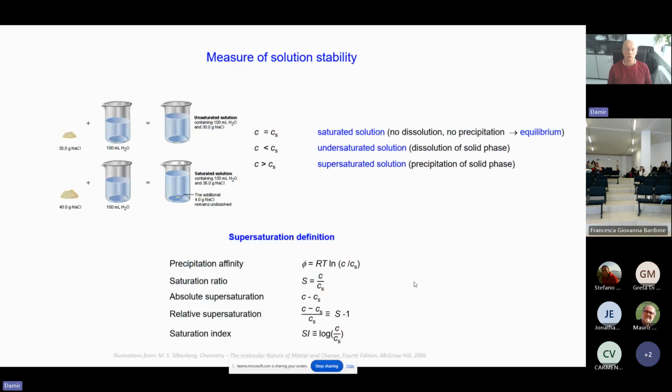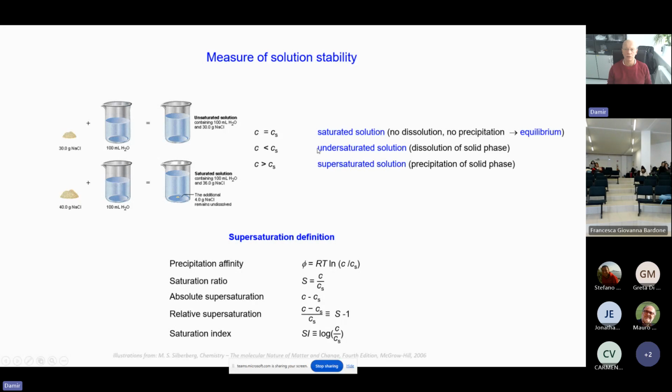Solution stability should be somehow measured. We already learned that a saturated solution is a solution in which the solid phase is in equilibrium with the solution, and in this system there is no dissolution and no precipitation.